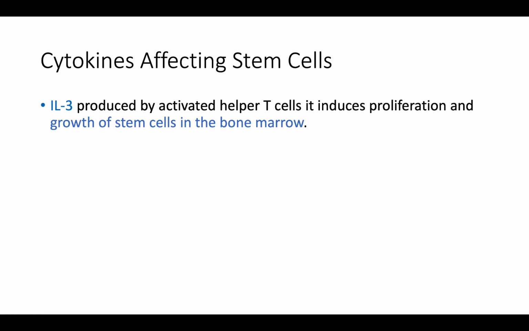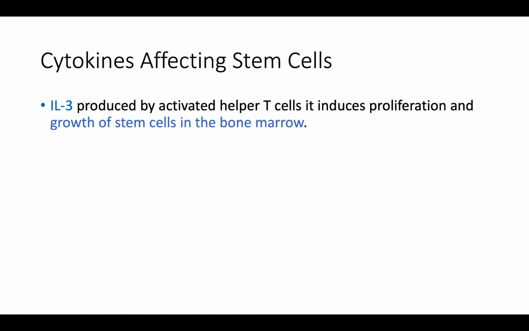Interleukin 3 is produced by helper T cells and improves the proliferation and growth of stem cells in the bone marrow. So as much as you are meeting infections and using helper T cells, as much as you are going to be proliferating and growing your stem cells to make more and more cells.